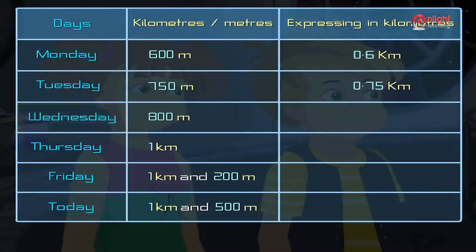On Wednesday, I jogged for 800 meters. Expressing it in kilometers, we get 800 meters is equal to 0.8 kilometers. On Thursday, I jogged for 1 kilometer. On Friday, I jogged for 1 kilometer and 200 meters, which is equal to 1.2 kilometers.